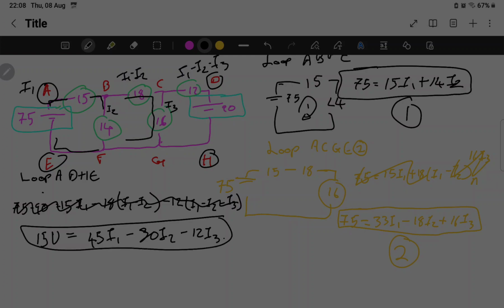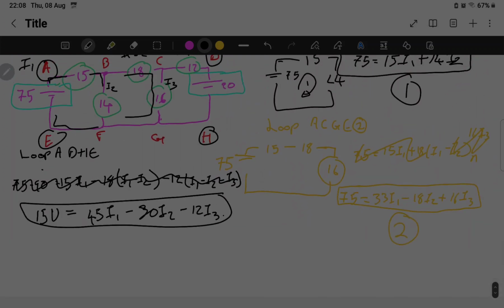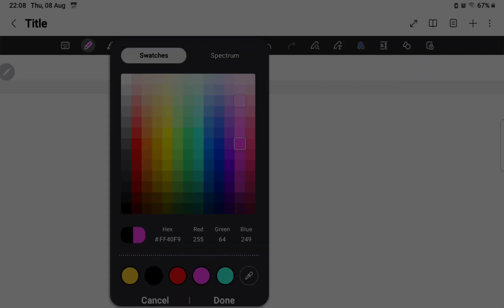So now what we're going to do is solve for them. So now we have three equations.